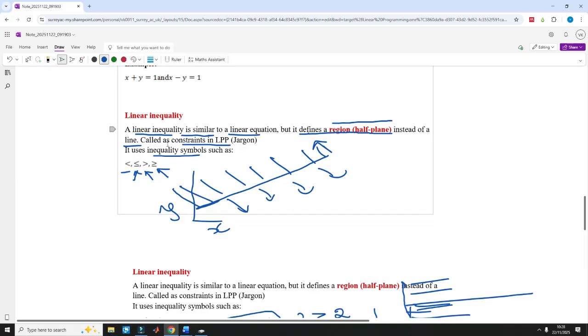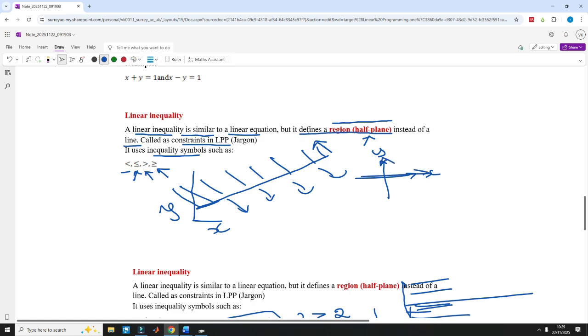And now we saw linear inequality. It typically represents a region, usually a half plane in a 2D graph. You have one dimension, which is x, and another dimension, y. A linear inequality represents a half plane in such a 2D graph.